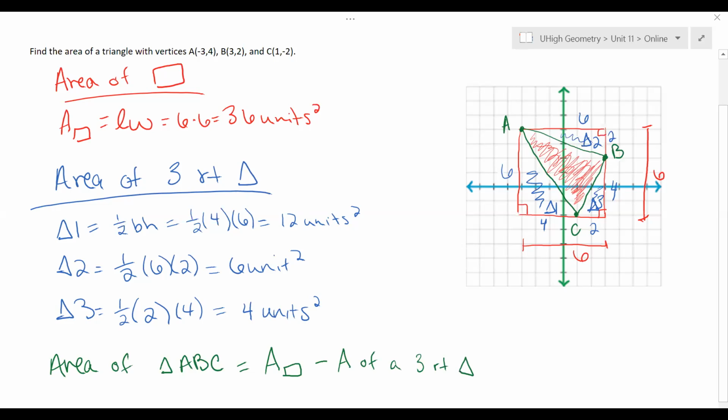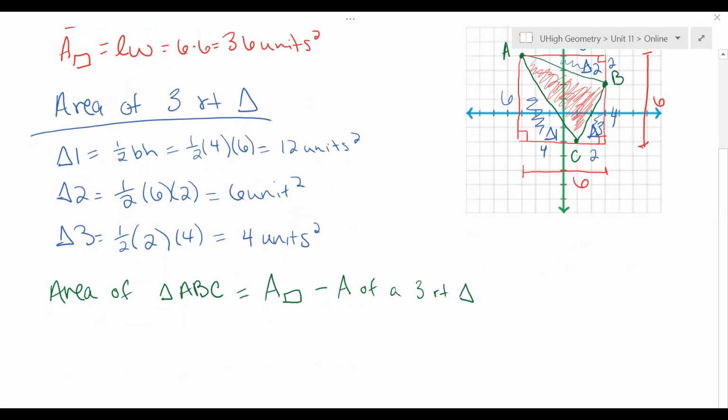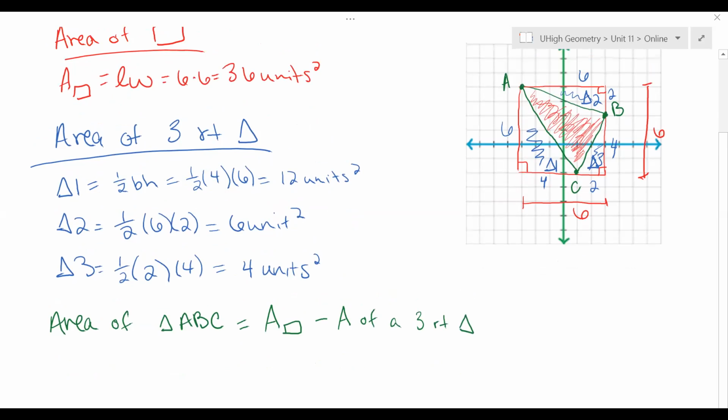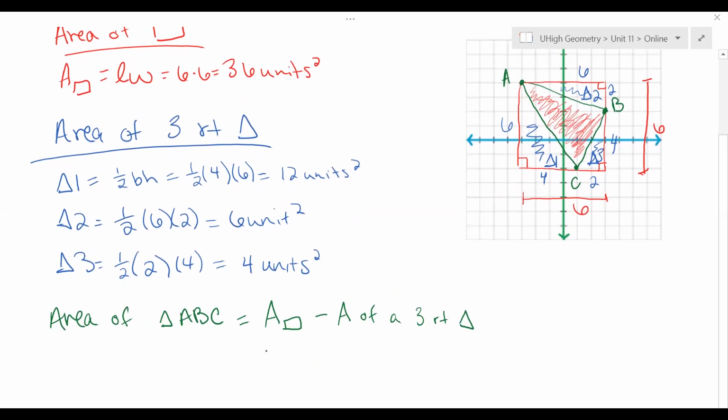Because if I find the area of my rectangle and I take out all of these right triangles, I'm just left with triangle ABC. So the area of the rectangle was 36 units.